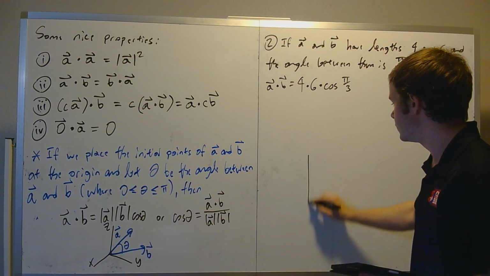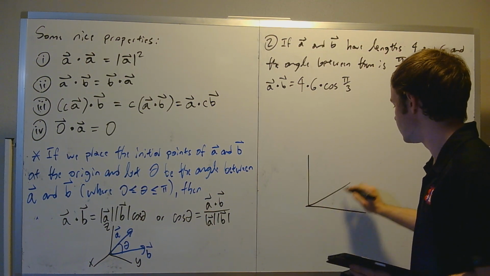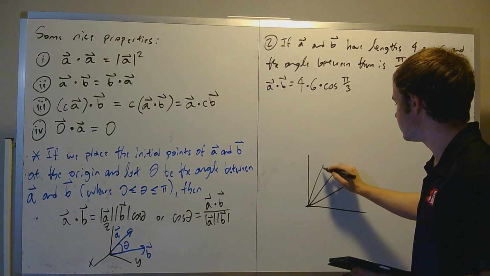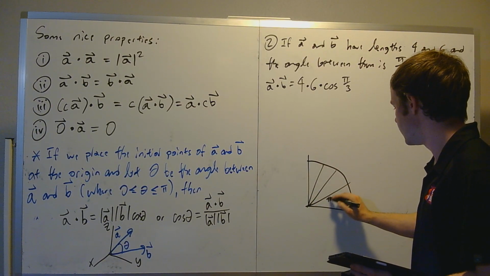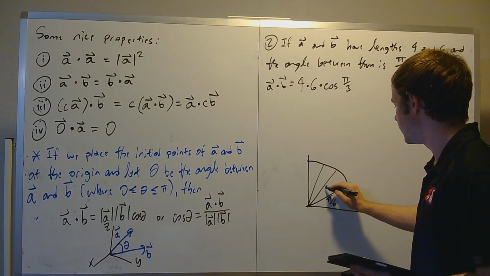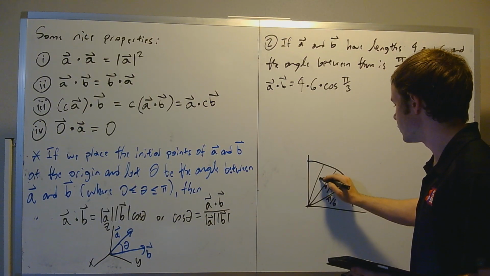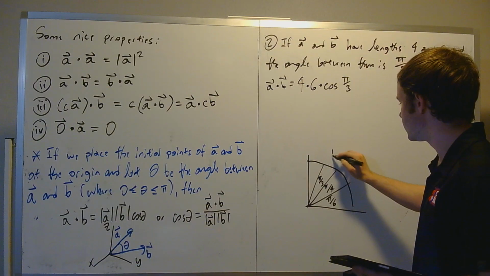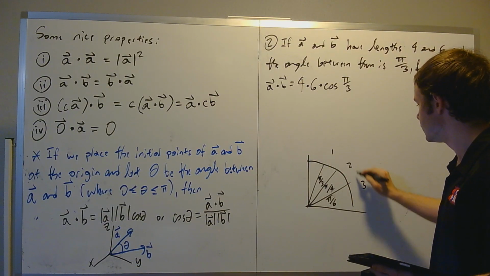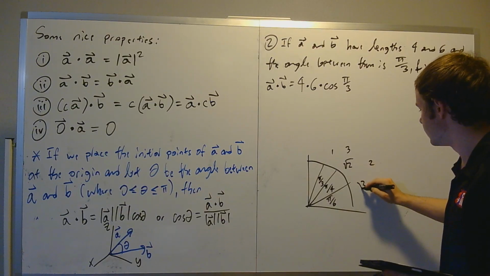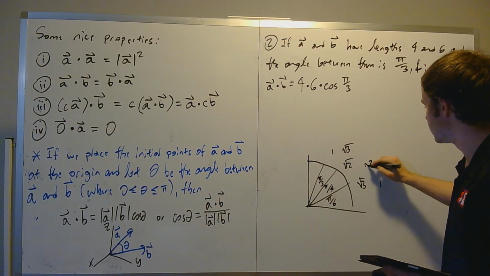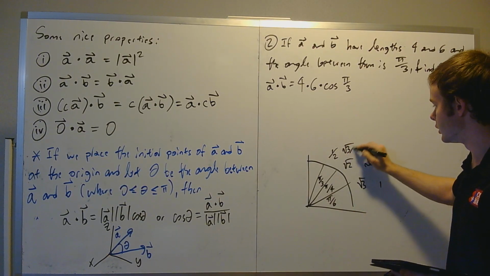And once again, to figure out the cosine of 60 degrees, we use our unit circle. So this is our pi over 6, our pi over 4, and our pi over 3. We write 1, 2, 3, then 3, 2, 1. Take the square root of everything, and then just divide everything by 2.